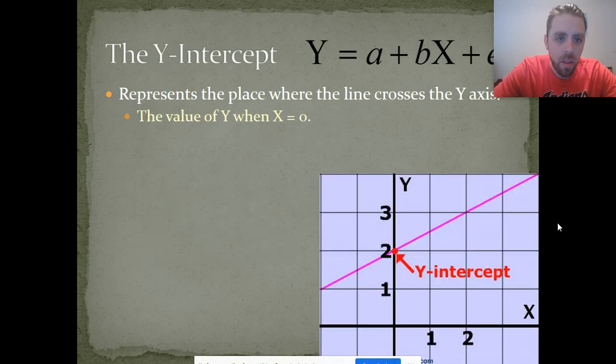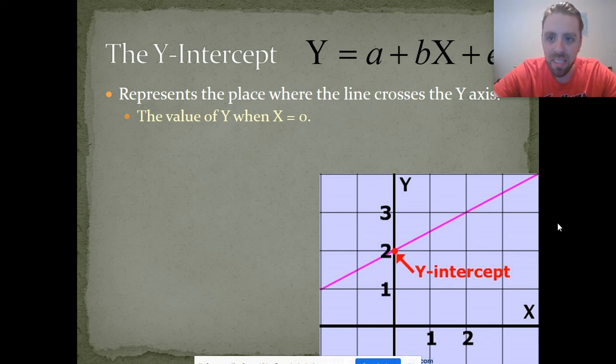Okay. Now, as for A, let's go over the y-intercept here briefly, although I already kind of did this. The y-intercept, or A, represents the place where the line crosses the y-axis. More intuitively, if you set x equal to 0, then what happens to B? Well, what happens to anything when you multiply it by 0?